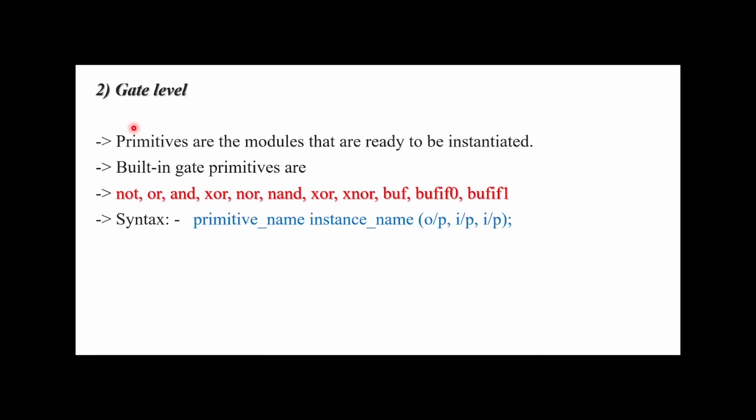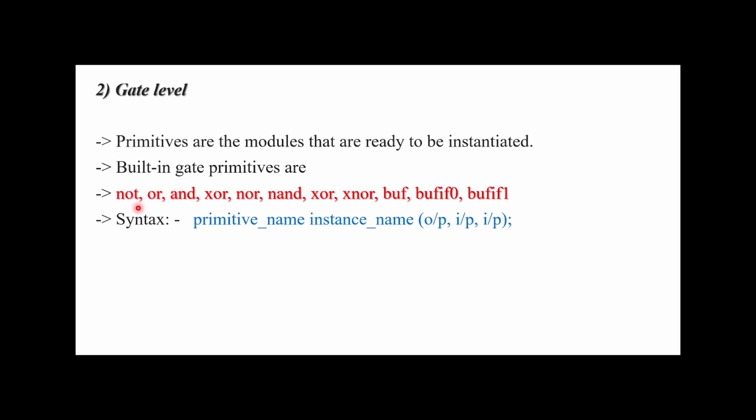The next one is gate level modeling. In gate level modeling, there are primitives. Gate level primitives are nothing but modules that we can directly instantiate in our design and implement whatever we want. These primitives are built into Verilog, so we can use them directly.